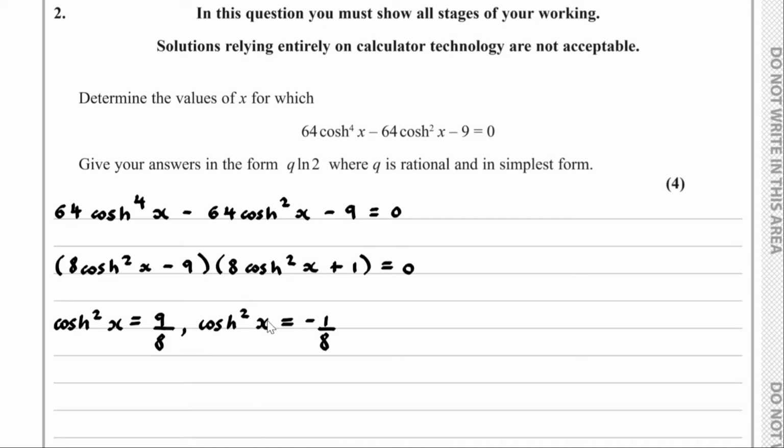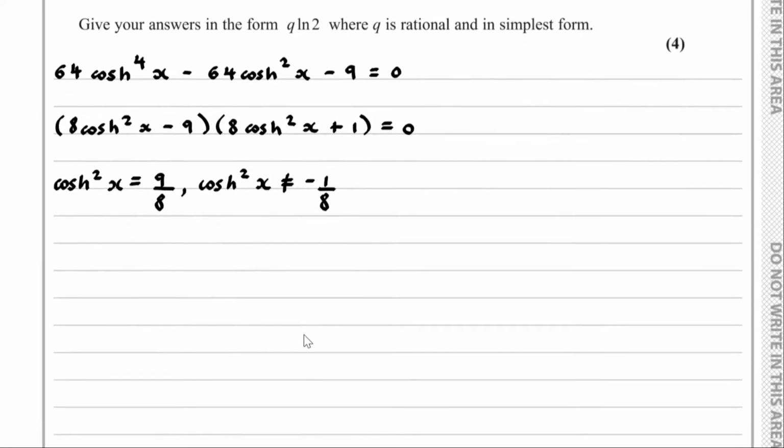But cosh squared x cannot equal negative 1/8, and that's because cosh x is greater than 0. And so we will be solving for x. Cosh squared x equals 9 over 8.